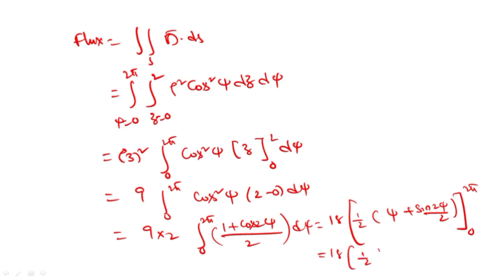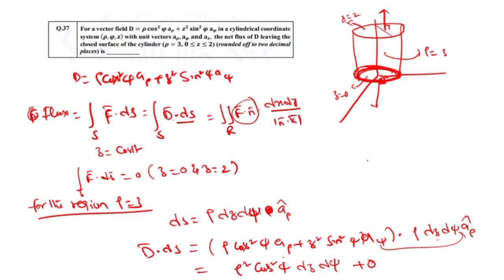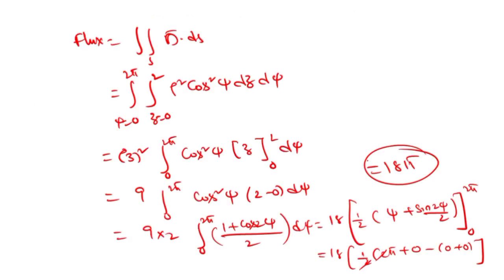This is 1 by 2 pi, sin 4 pi is 0, sin 0 is 0, so the total will be 18 pi. This is also a typed answer question, so the answer is 18 pi.